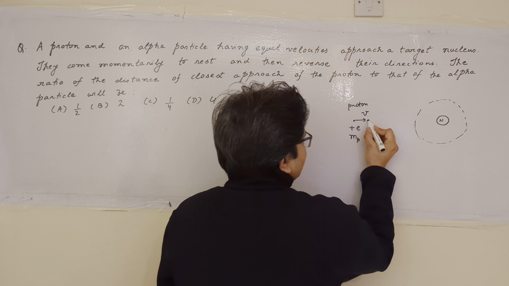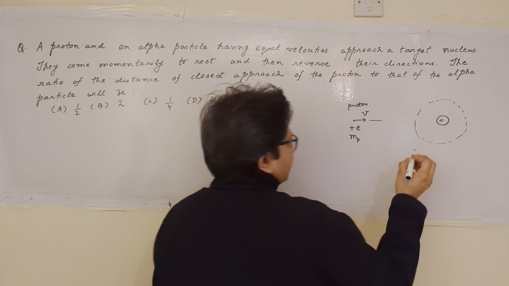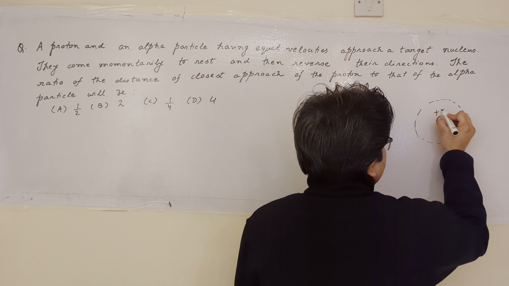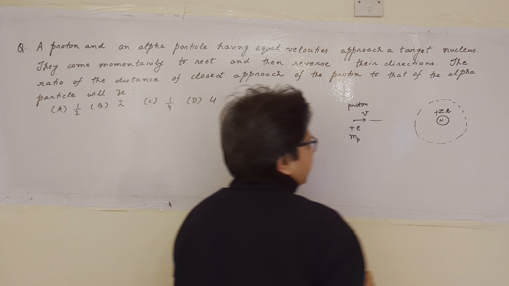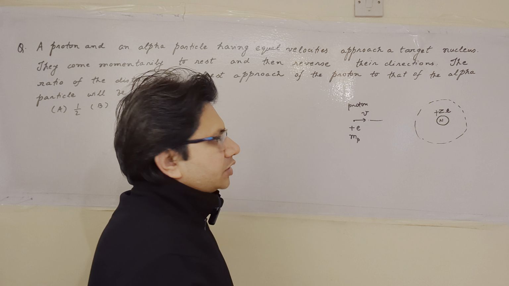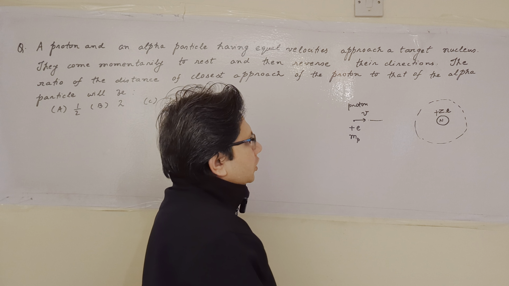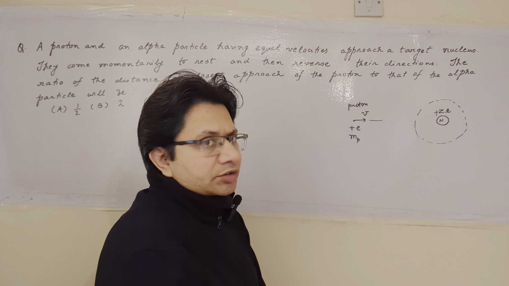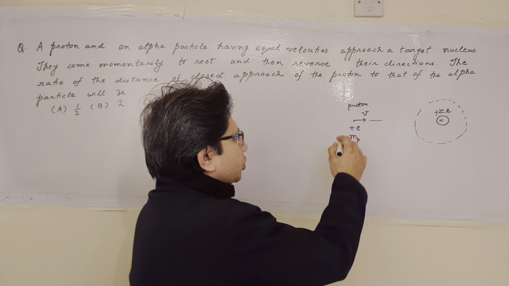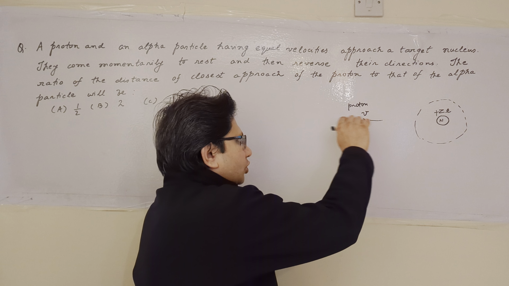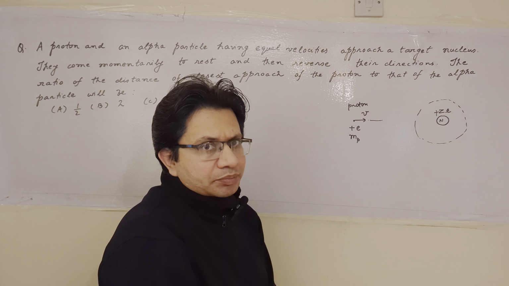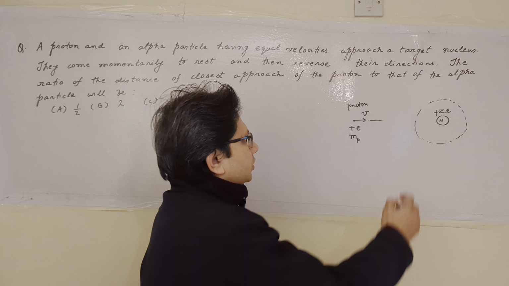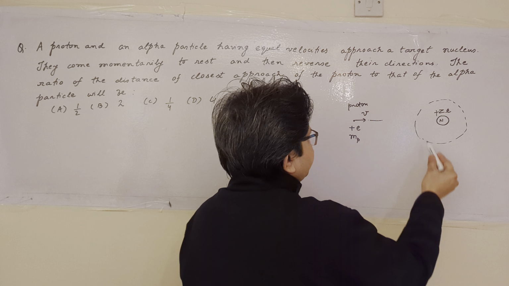Now as proton is approaching towards this nucleus, we know that the charge of the nucleus is plus Ze, where Z is the atomic number. Now since the nucleus is positively charged and the proton is also positively charged, as the proton goes towards the nucleus, there is a force of repulsion between them. They try to repel each other.